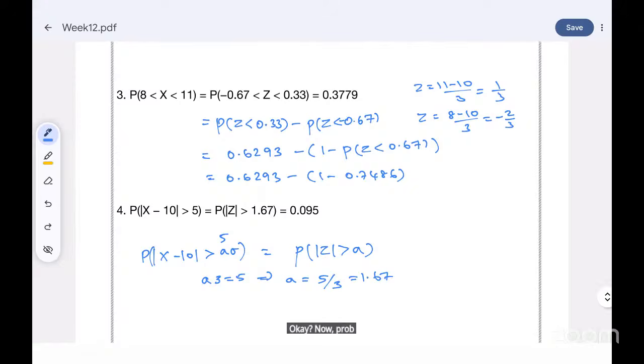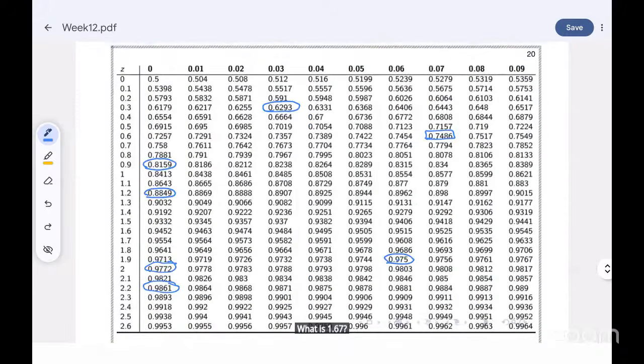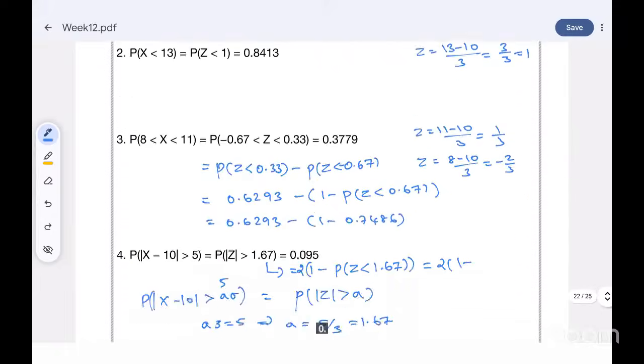Now the probability of mod Z greater than 1.67 is equal to 2 times of 1 minus the probability of Z less than 1.67. So 2 times of 1 minus, what is the value for 1.67? Looking at the table, 1.6 and 0.07, it is 0.9525.